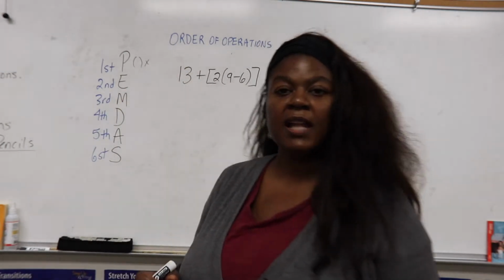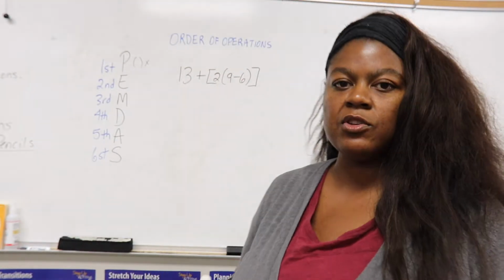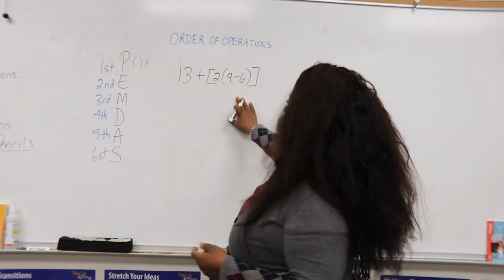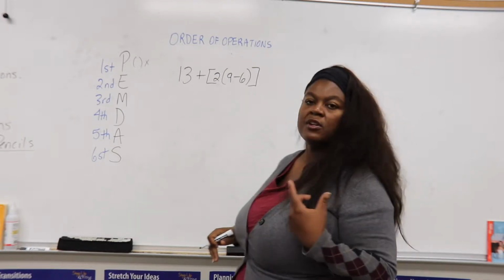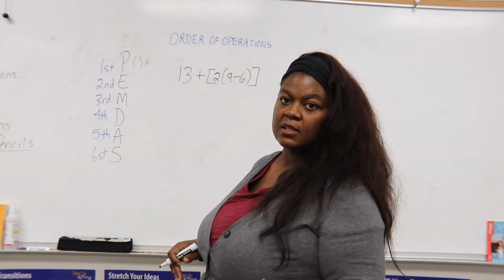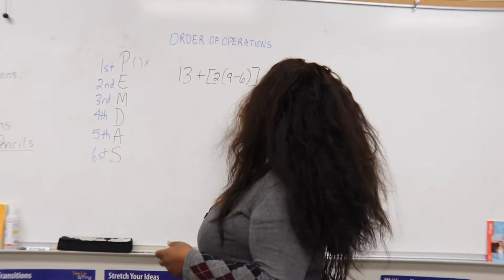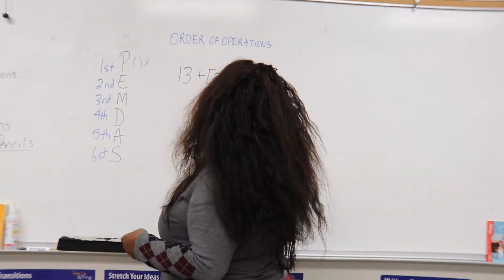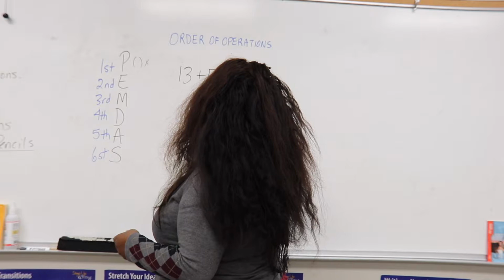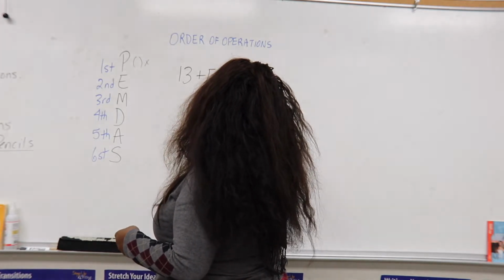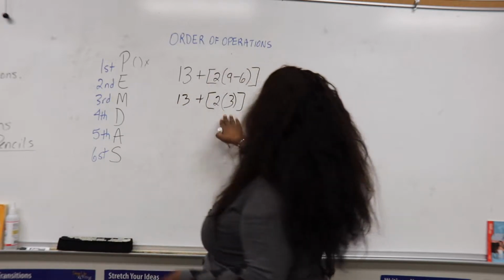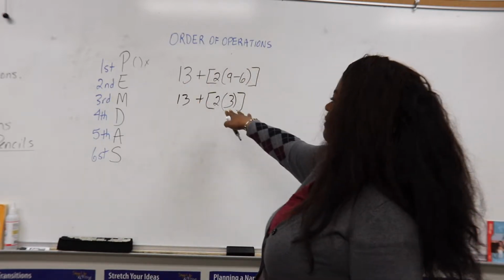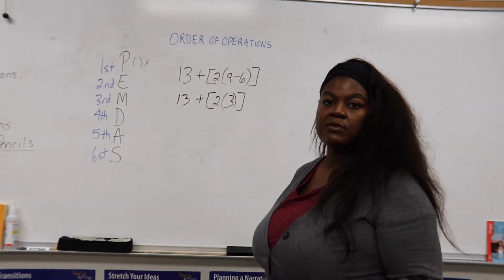All right, this is our last problem where we're going to solve using PEMDAS. P, parentheses. We have a parentheses right here. So the difference between 9 and 6, or 9 minus 6, is 3. All right, look back to the P. We do have another P. It's the product of 2 and 3.